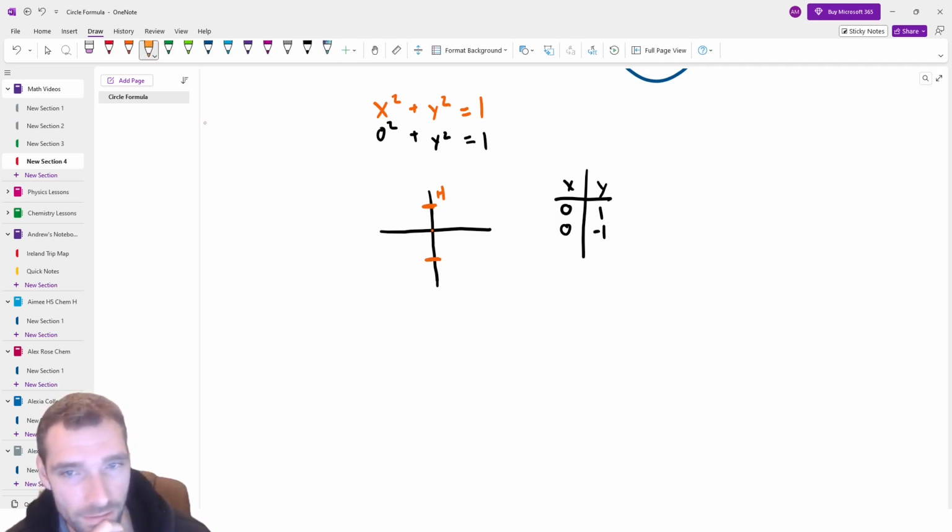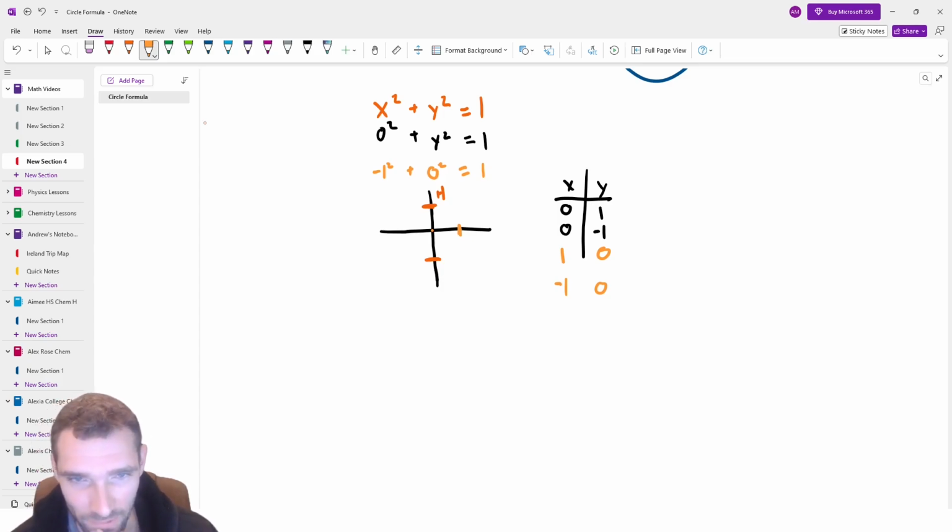In a similar regard, what if y is 0? Then x would have to be 1, or possibly minus 1. Because minus 1 squared plus 0 squared is equal to 1, which you could also think of as 1 being squared if you want.